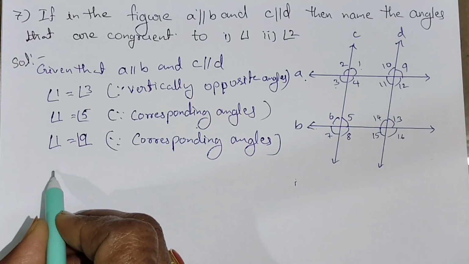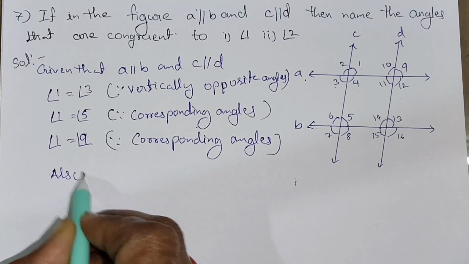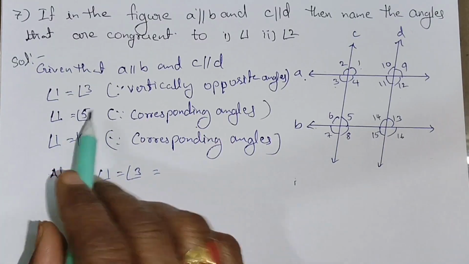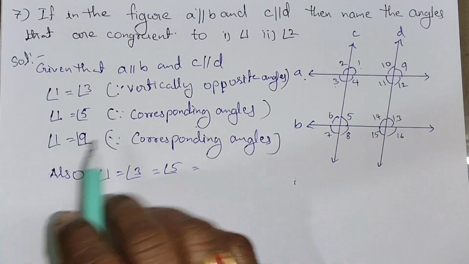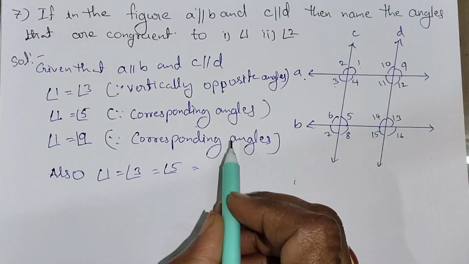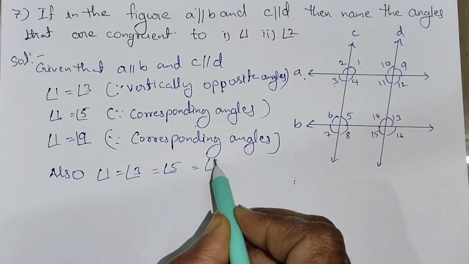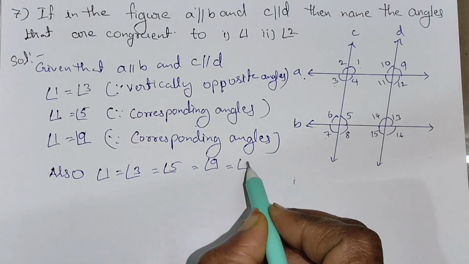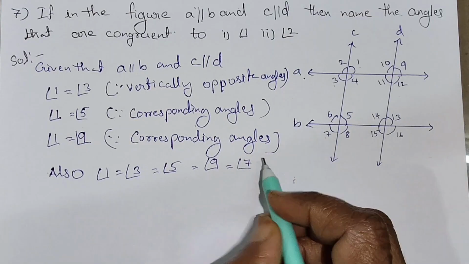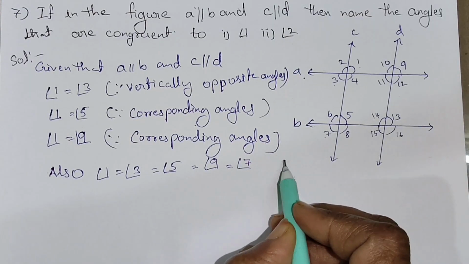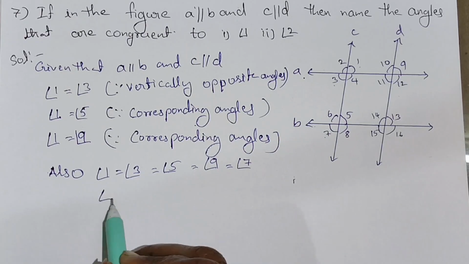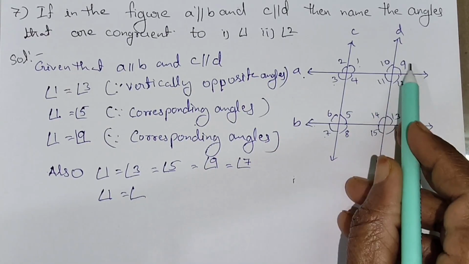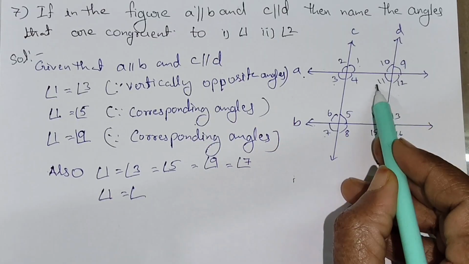So next here also angle 1 equal to angle 3. Next angle 1 equal to angle 5, that equal to angle 9. Next here 7 also equal. Here angle 7. Next angle 1 equal to angle 9 equal to 11.